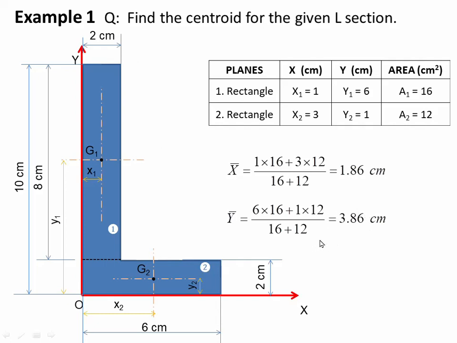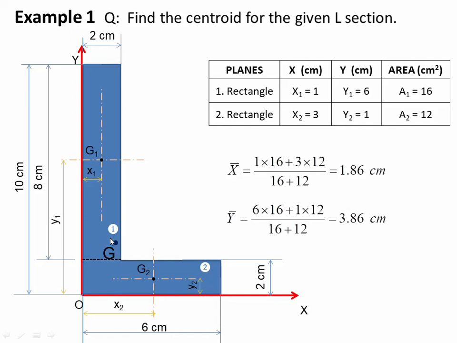Thus we found the center point, the centroid. That means from the y axis, if you measure along x direction, the value is 1.86. So it lies here. From the y axis it is 1.86 and from the x axis it is 3.86, that is y bar.